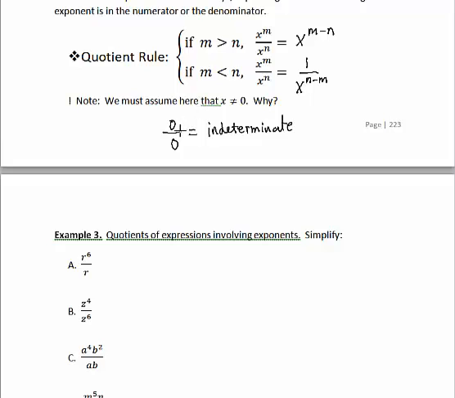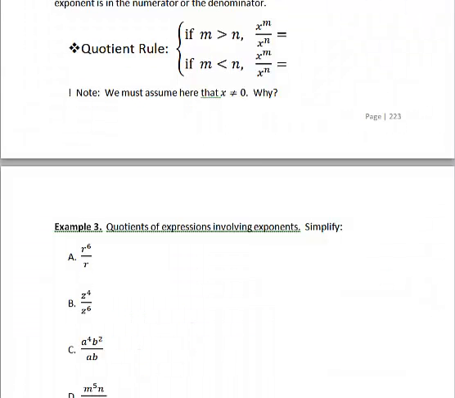We could say, in other words, this quotient rule doesn't apply because this bottom one is implying that 0 divided by 0 would simply be 1 over a 0, and that's not true. These aren't equal. These aren't equal. So these quotient rules apply only when the variable cannot be 0. In that case, we get indeterminate as a result.